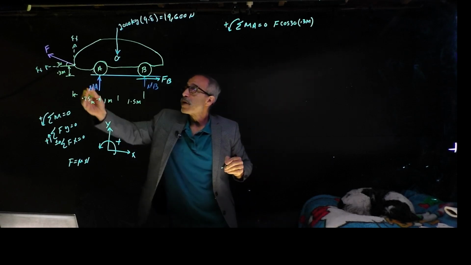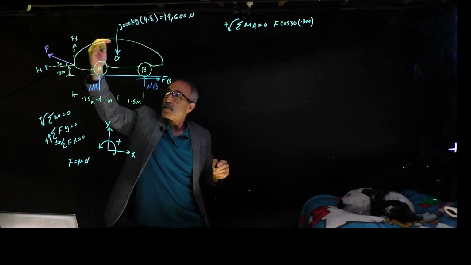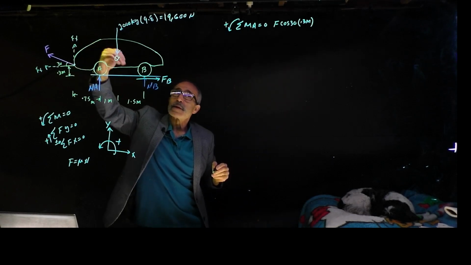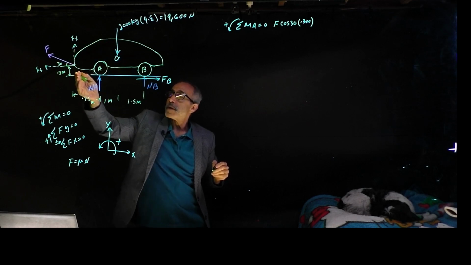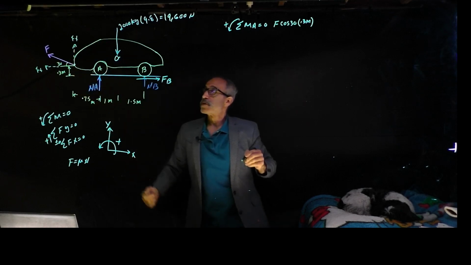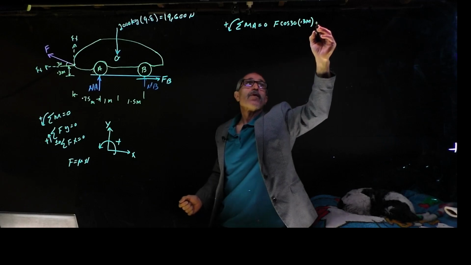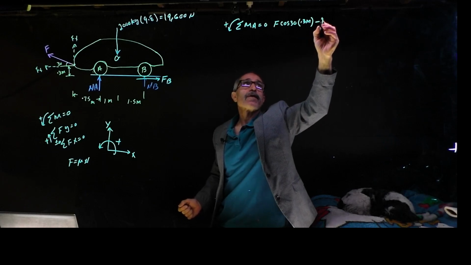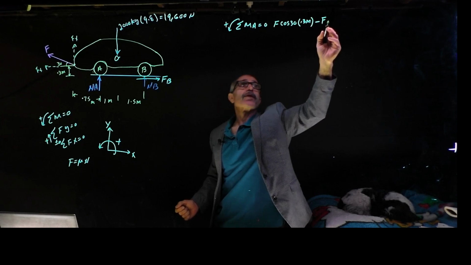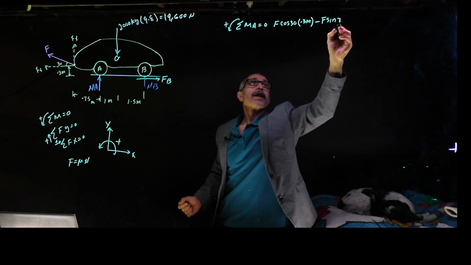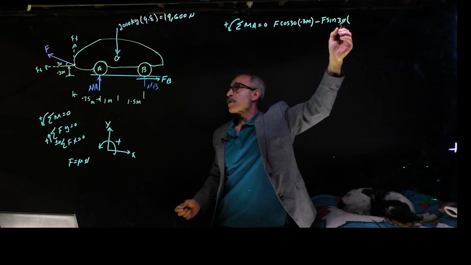Okay, then we have the y. The y component is going to rotate clockwise, and that's going to be negative, so it's going to be F of y, let's put the minus first. F of y is F times sine 30, and the distance is 0.75.